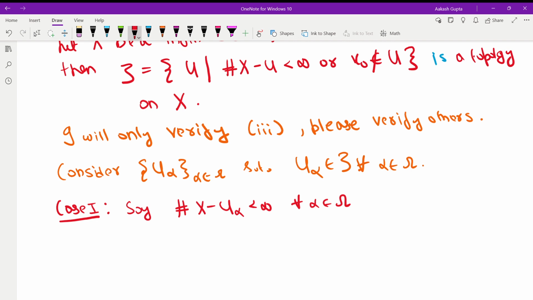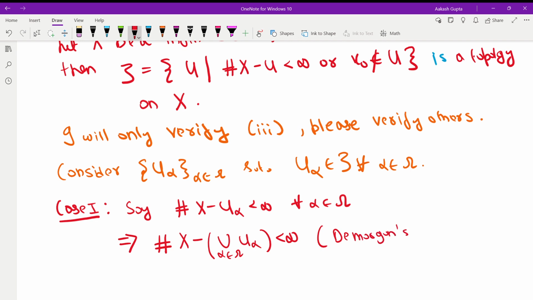It is somewhat similar to the co-finite topology, right? Let me write directly: X minus the union of U alpha, right? What is the strategy? De Morgan's law.